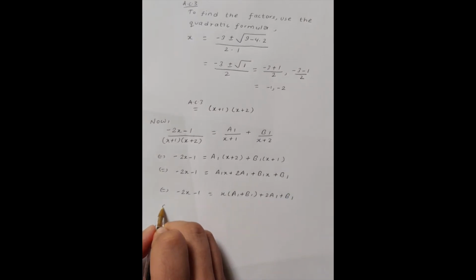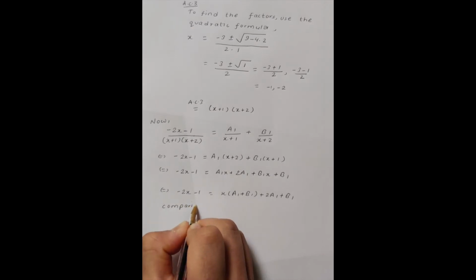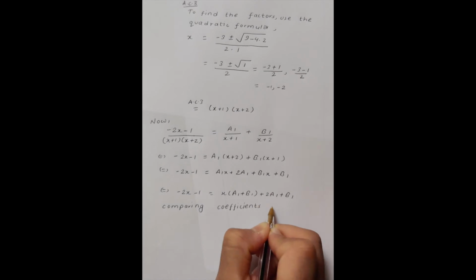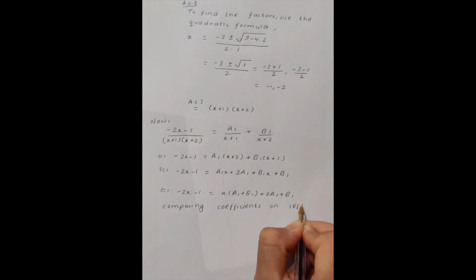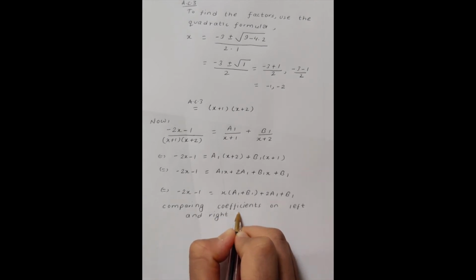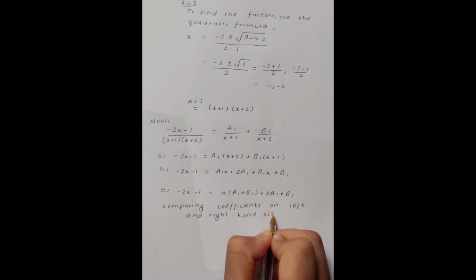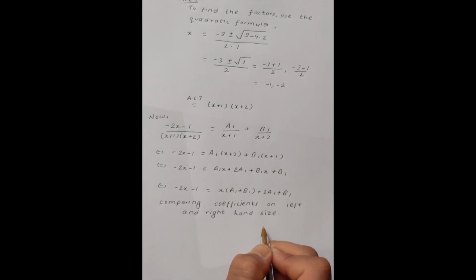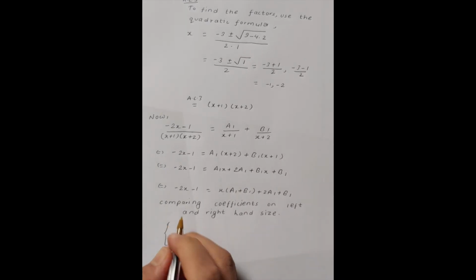And now, comparing the coefficients of both polynomials, we can say that minus 2 will be equal to a1 plus b1, and minus 1 will be equal to 2a1 plus b1, as this.